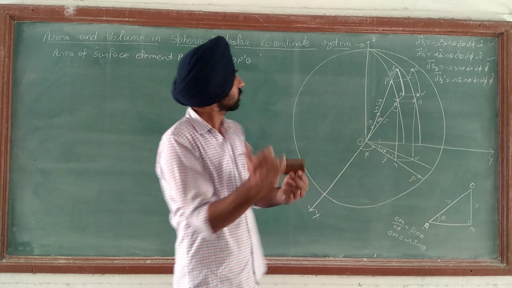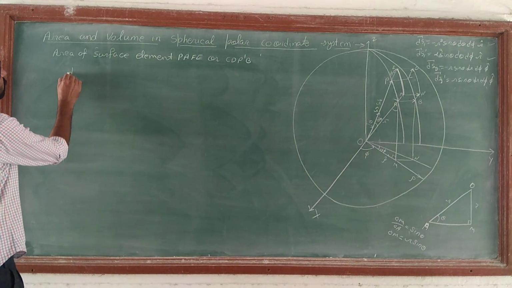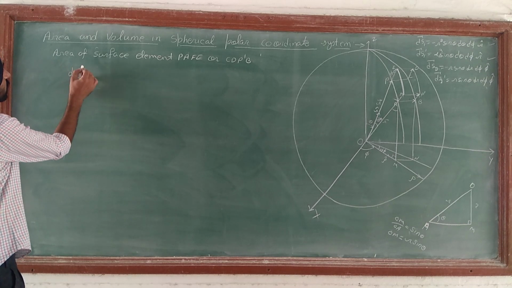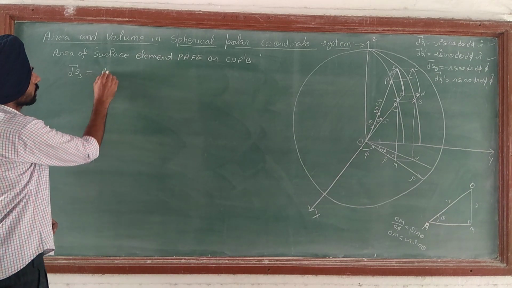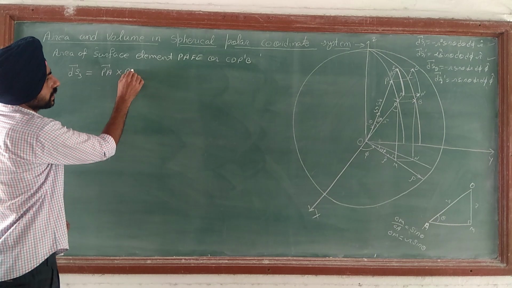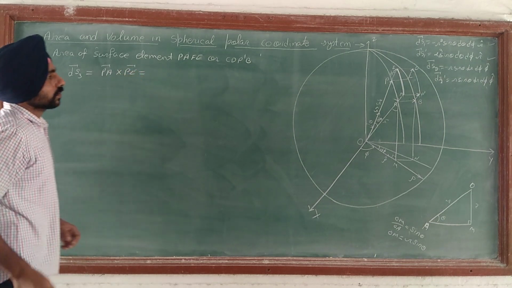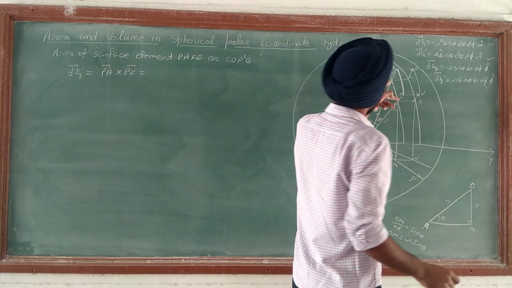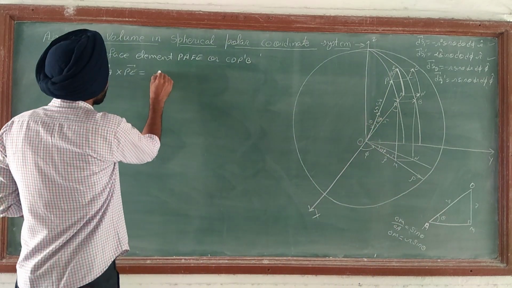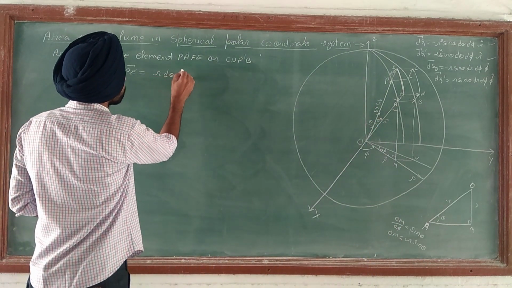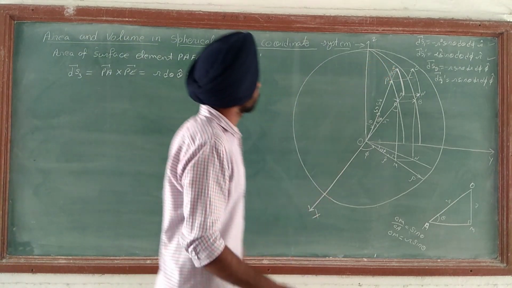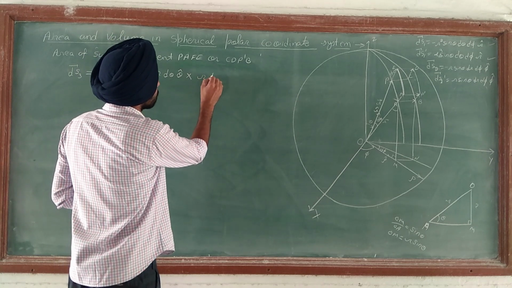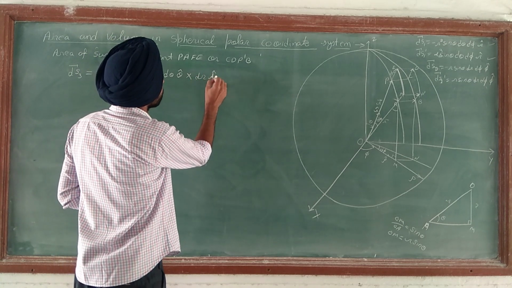cross PE. Okay, so let it be represented by vector ds3. ds3 is PA cross PE. We already know this PA is R d theta into theta cap cross this PE. PE is dr r cap.